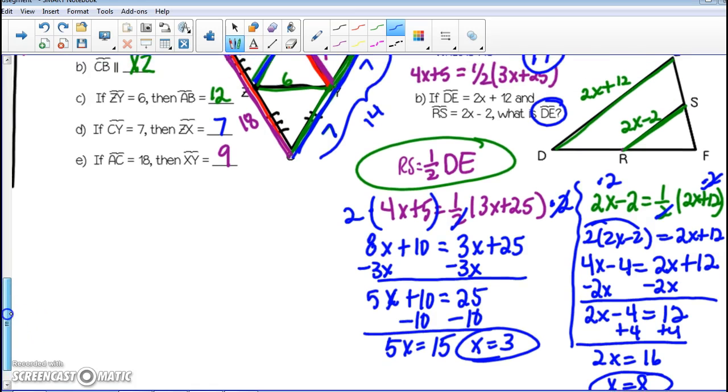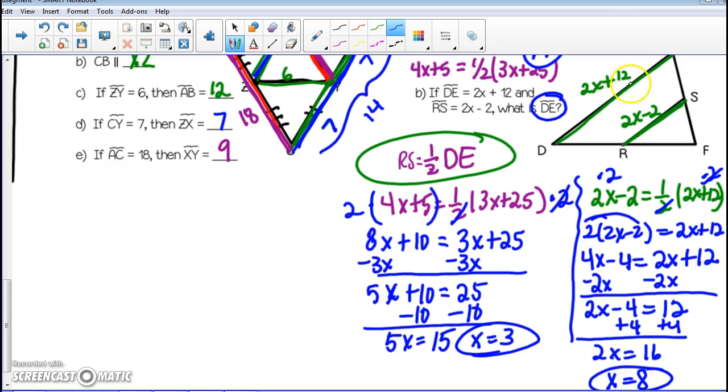So after we solve and find x is 8, we'll plug that back in. DE is the bigger segment, so 2 times 8 plus 12 is 16 plus 12 is 28. And 2 times 8 minus 2 is 16 minus 2 is 14. So that is half as much. So DE is 28.